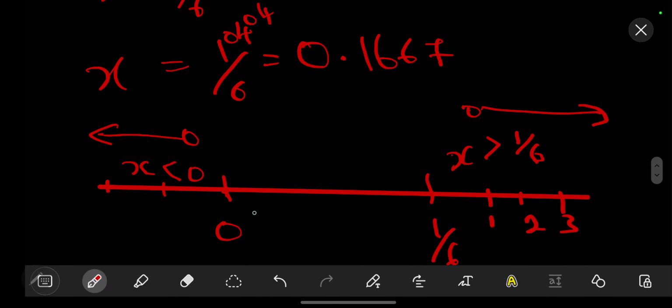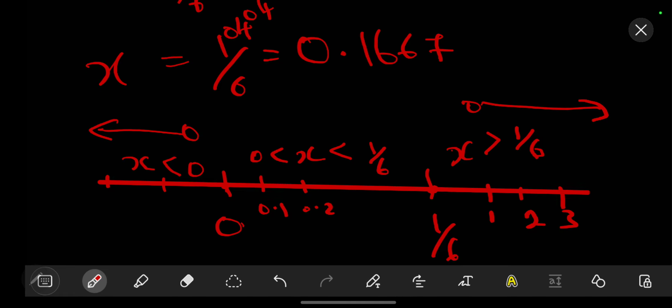Then all the values from here to here, like if this is 0, we could have 0.1, we could have 0.2. So all the values in this region form an interval where 0 is less than x, since 0.1 is greater than 0, but x at the same time is not more than 1 over 6, because that's our boundary.